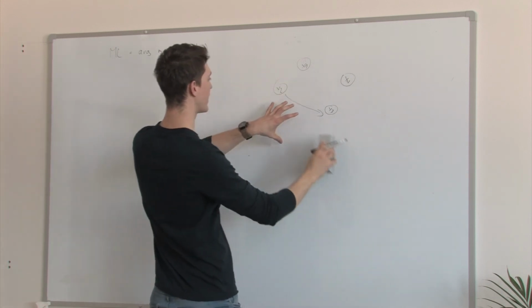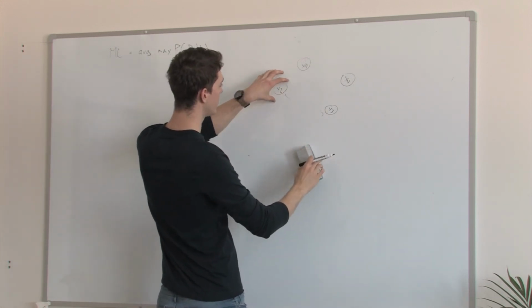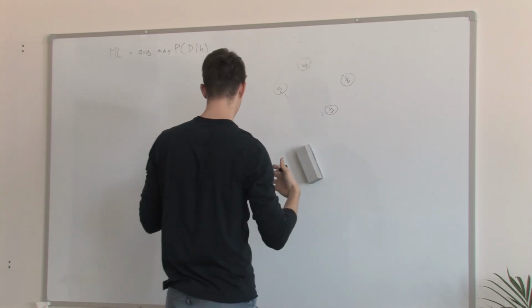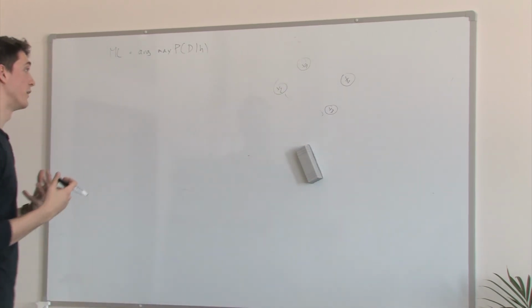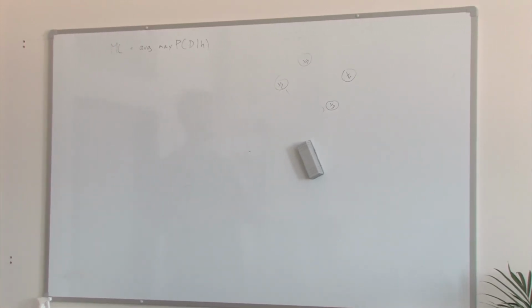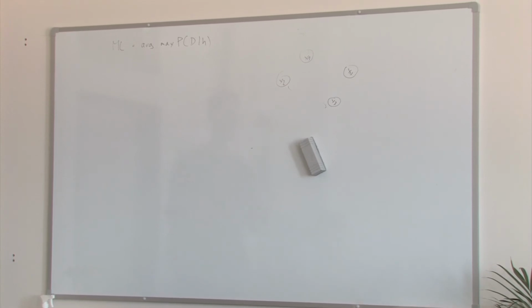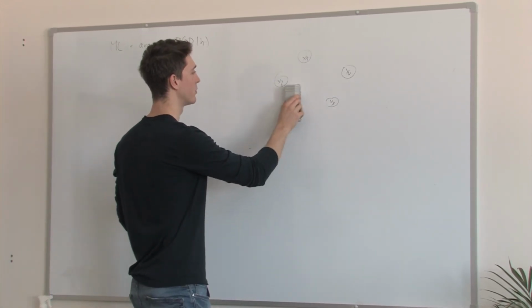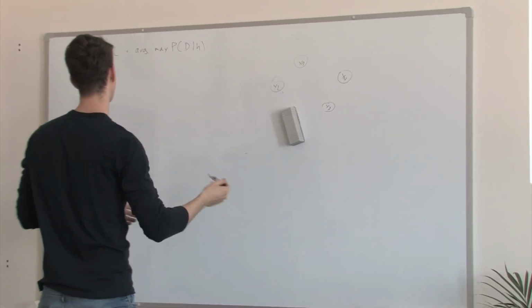You take one edge at a time and try to add it, and you look at the MAP, which means maximum a posteriori probability of this Bayesian network. You are trying to find the Bayesian network with the maximum posterior probability.